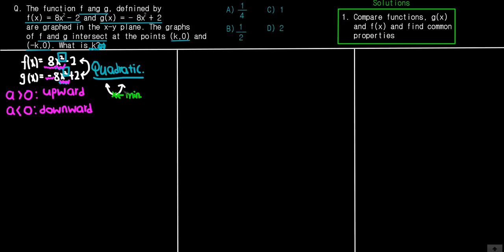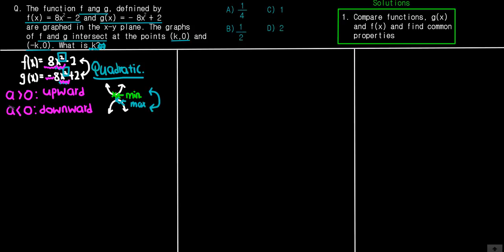It is the opposite when a is less than 0. The graph will go downward, which means it will grow infinitely in the downward direction. And that means in that graph, only a maximum point exists. These are our basic function properties.